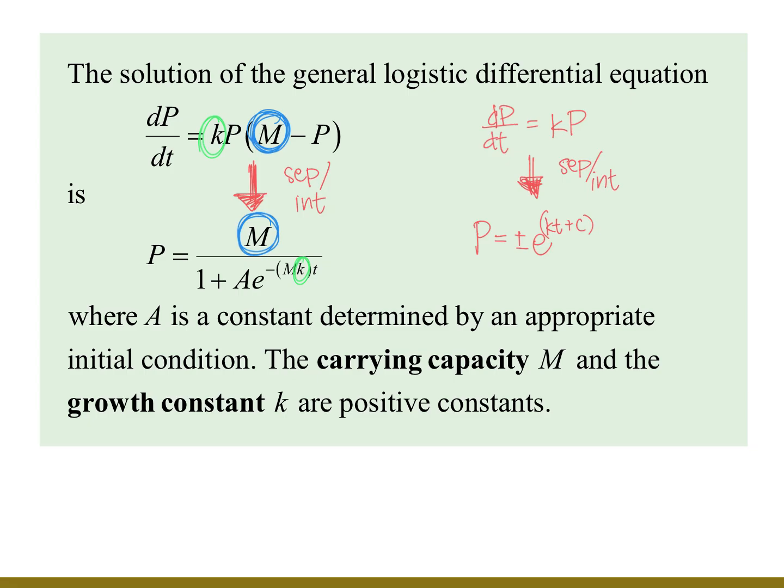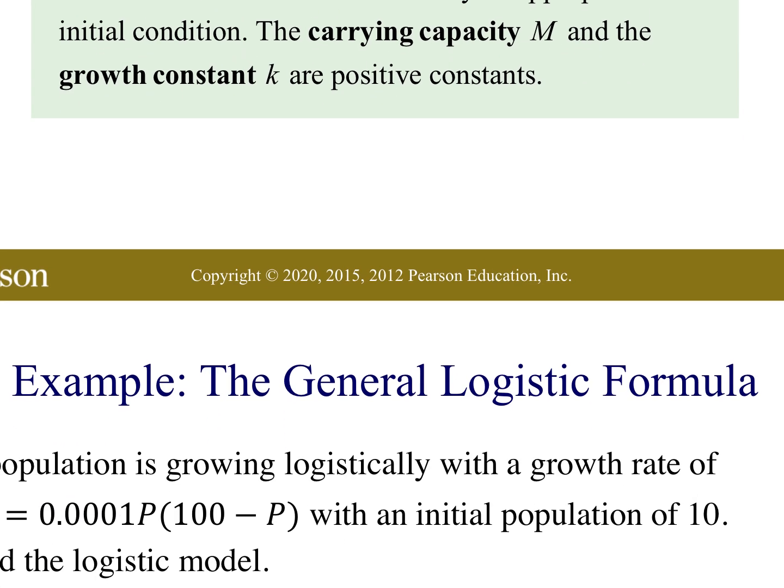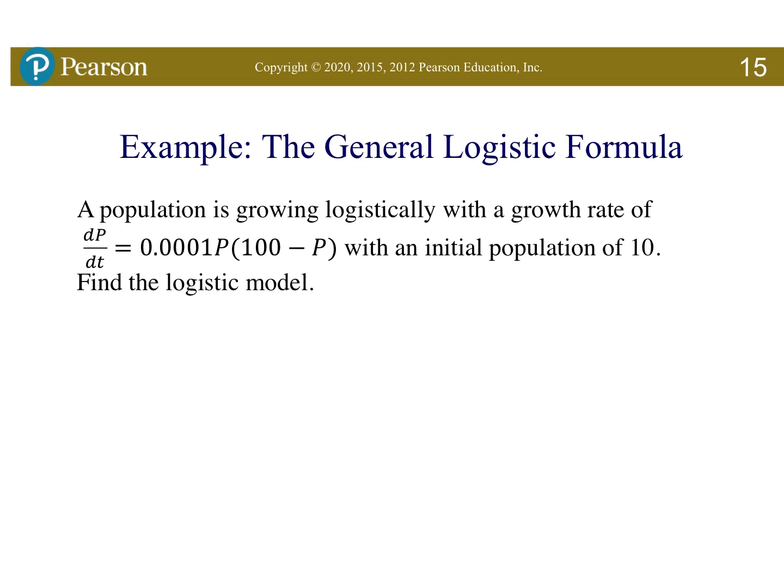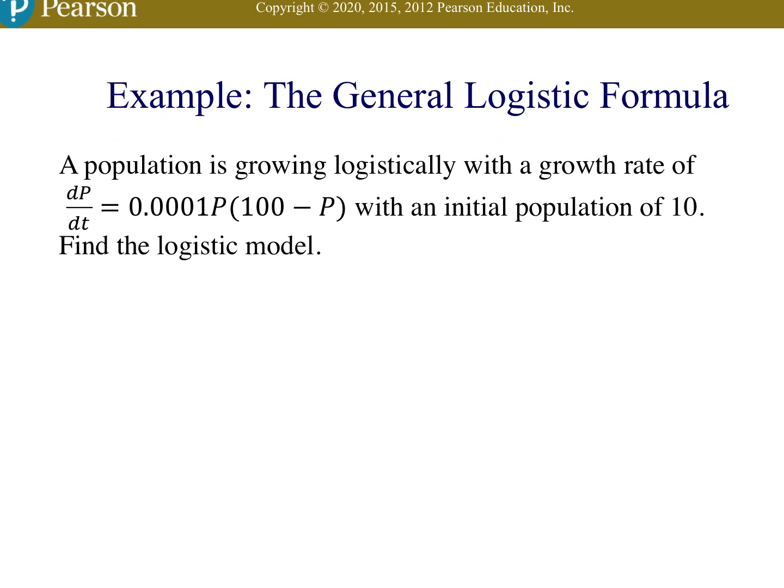All right, here's what I'm talking about. If you are given this equation for a population model, you should be able to write the population model. This is the population growth rate model. You should be able to write a plain old P model from that.